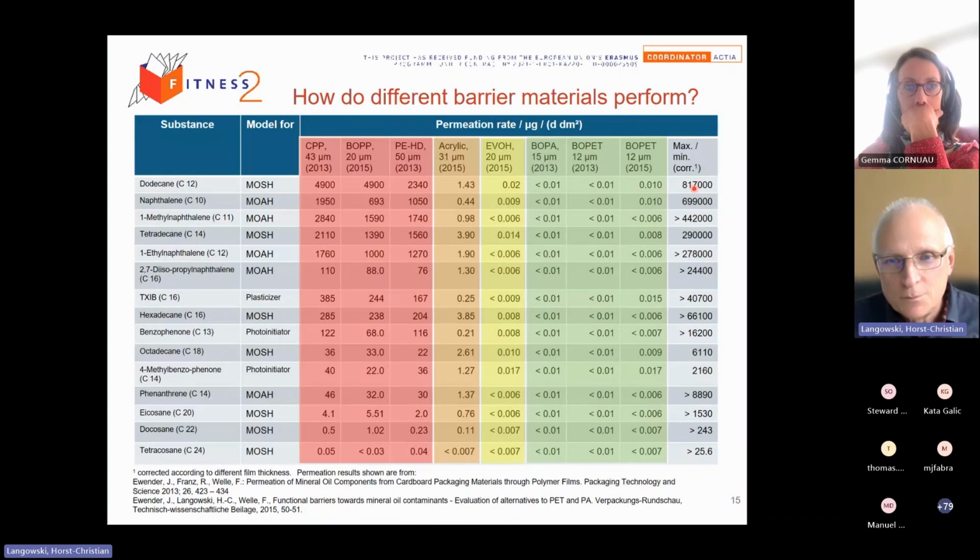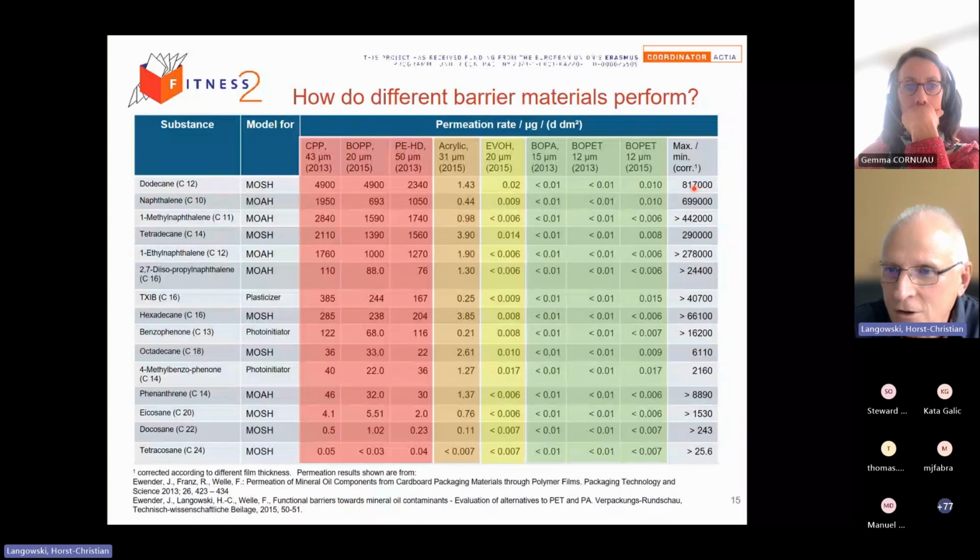And if you ask me, why don't you find PE-LD in this presentation? The reason is quite simple. PE-LD is even worse, and it's basically not at all a good barrier for this kind of material.